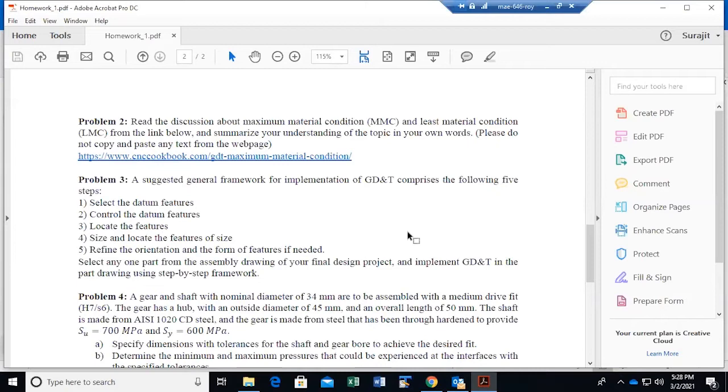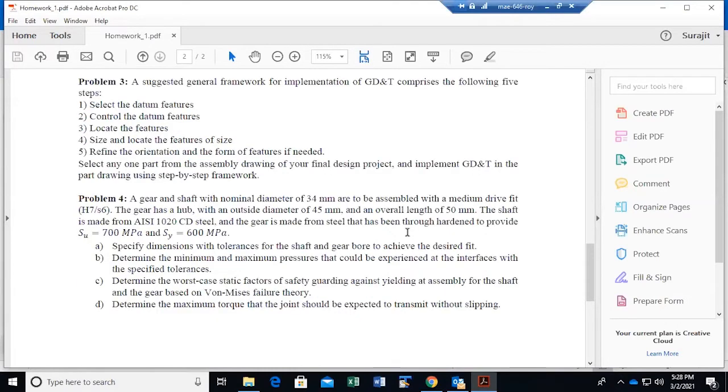Problem number three is the same standard problem we went through in class. It's about the framework for implementing GD&T. You are expected to take one drawing out of your senior design project and implement the GD&T framework I have mentioned, the 5 steps.